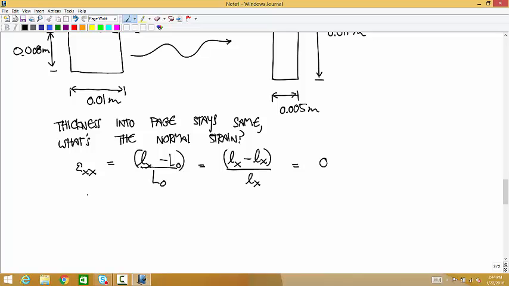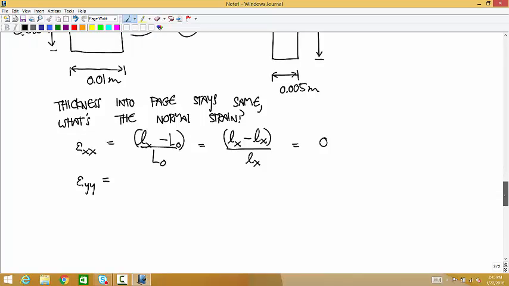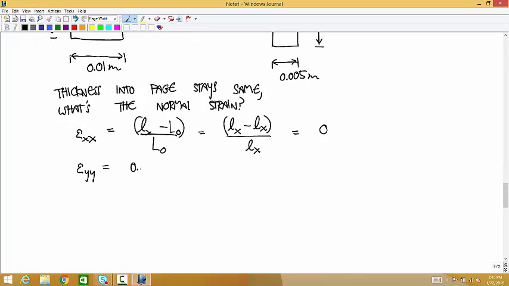Now the two that we have values for. Y. In the y direction, it's getting longer. It's stretching. So we expect to have a positive value for the y strain. And we get 0.011 minus 0.008 divided by 0.008.